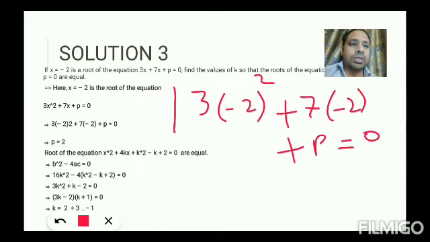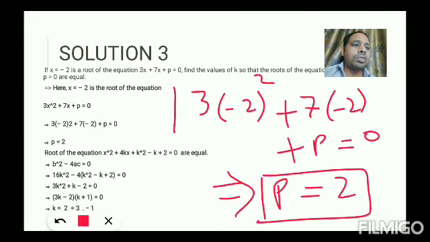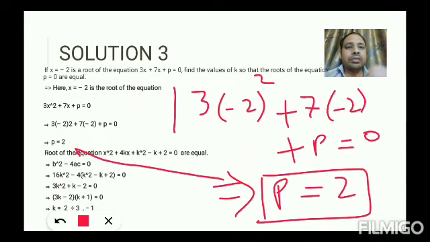And if you solve this one, you will get p equals 2. That means after substituting the value, we are getting p equals 2, right? Clear? I think it is clear.